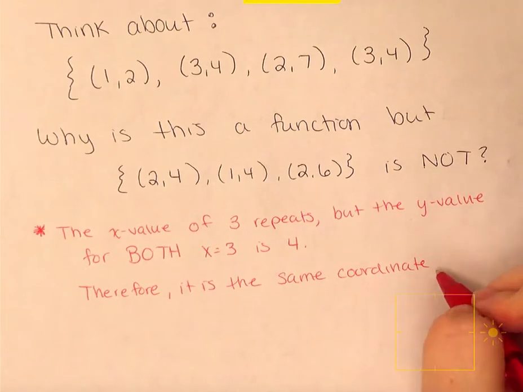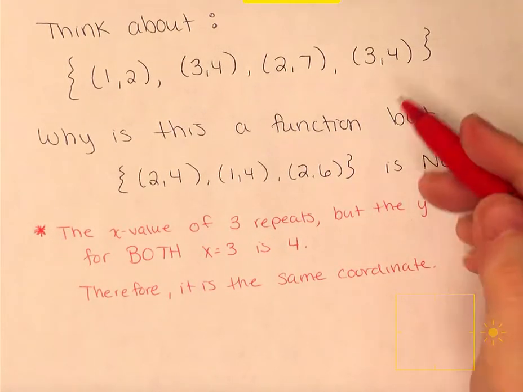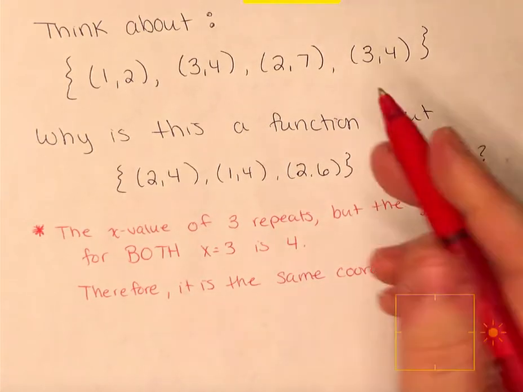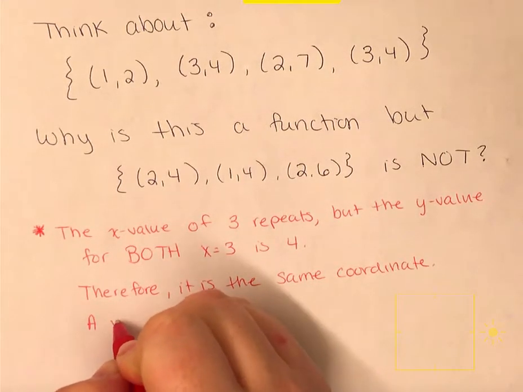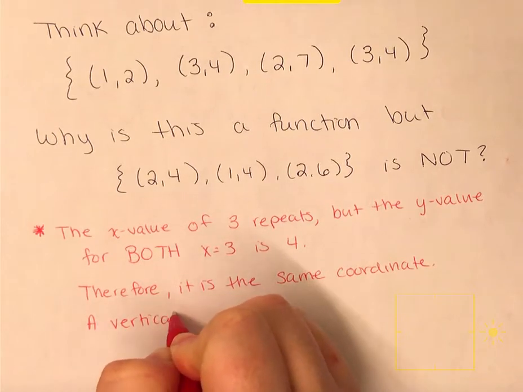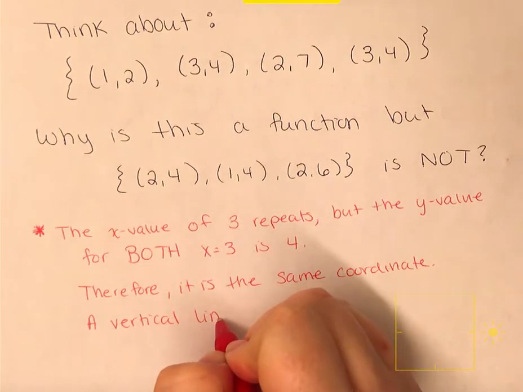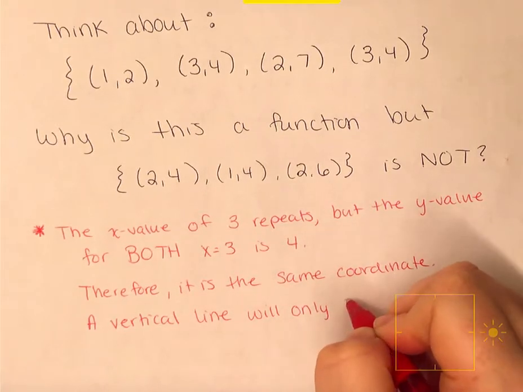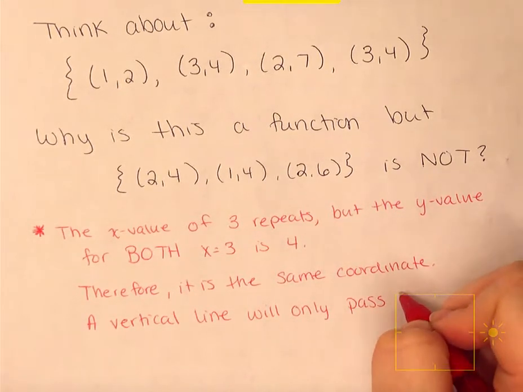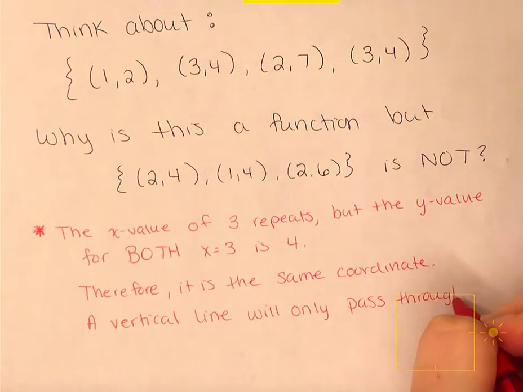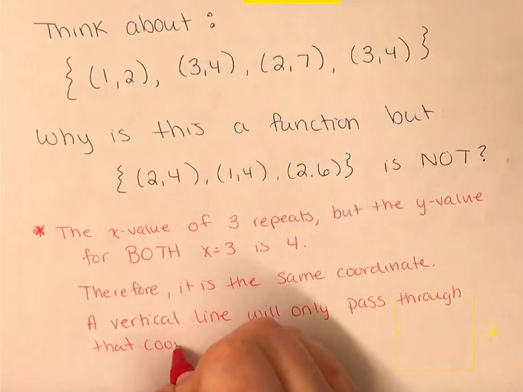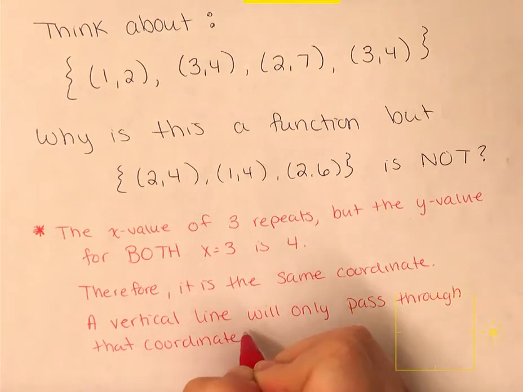Since it's the same coordinate, a vertical line would only pass through that one coordinate one time.